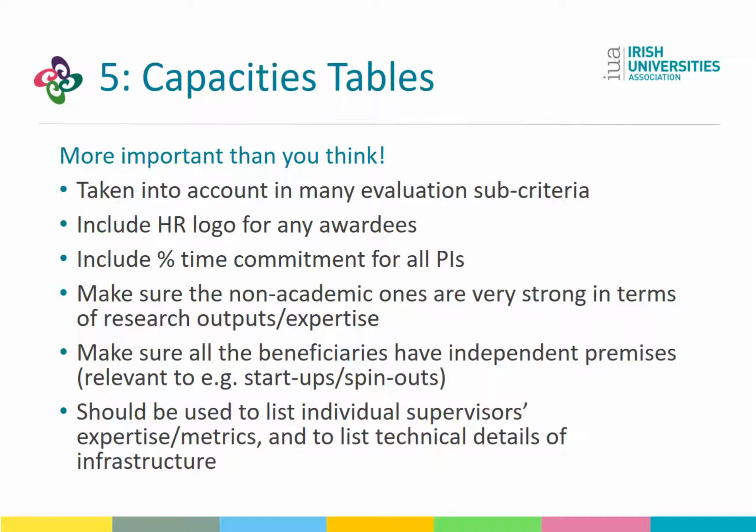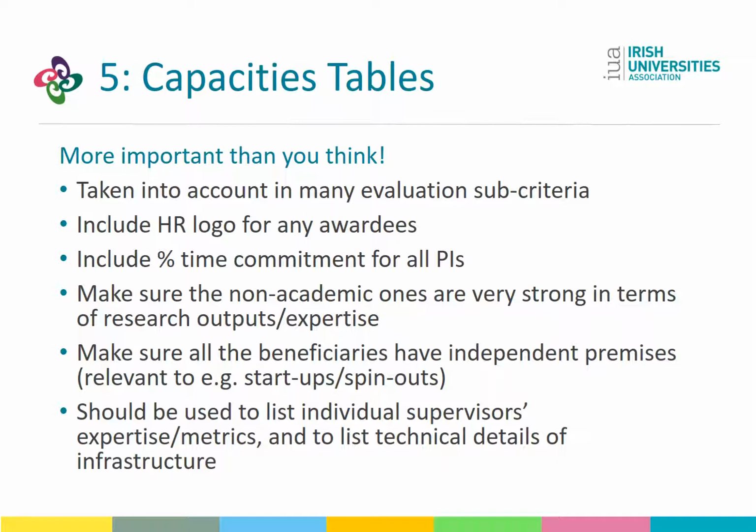It can include percentage time commitment for all PIs, and here you can make sure that the non-academic supervisors are very strong in terms of research outputs and expertise by again reiterating the hard evidence such as bibliographic metrics and other measures of esteem, for example. You will have to state if the beneficiaries have independent premises, and ideally the answer should always be yes, because if no, there might be an issue with operational capacity.